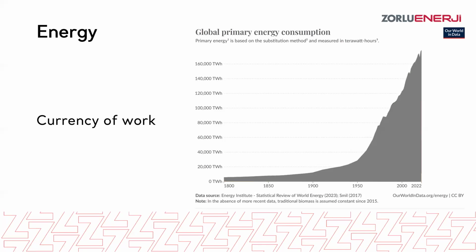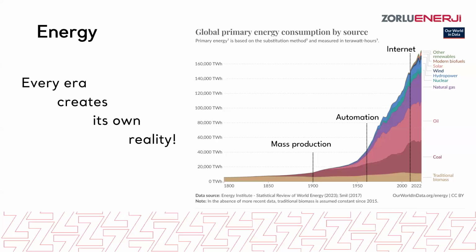And let's try to look at that graph in another way, which is that we can easily divide the sources of that energy consumption, okay? In this graph, you can see different sources being identified by their shares in that energy consumption. And as you can see, we have some remarks on those trends. First remark is in the very beginning of the 19th century, which is the start of mass production.